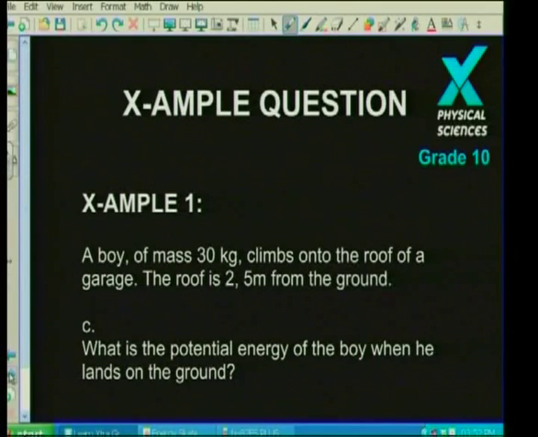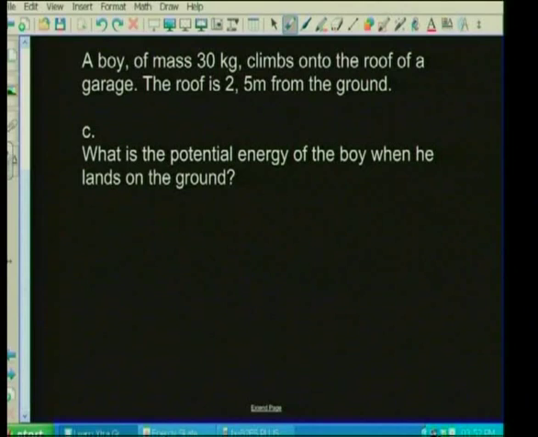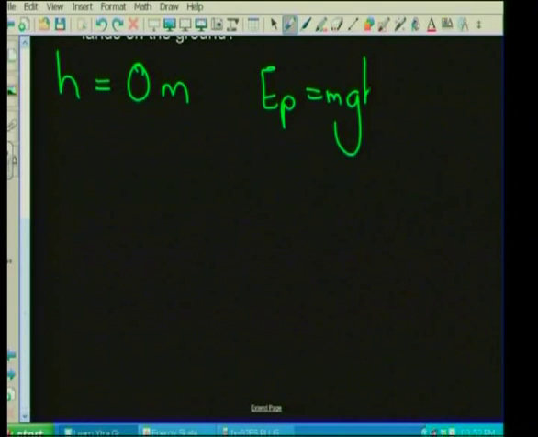Second one. Now, the third part of this question is what is the potential energy of the boy when he lands on the ground? Same situation, okay? But he lands on the ground, so his height is now 0. So we can work this out. Potential energy is mass times gravity times height.